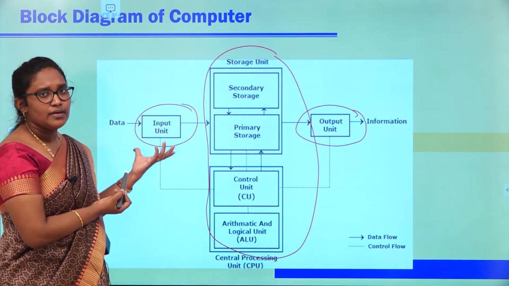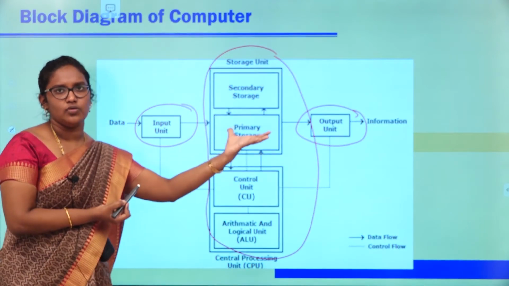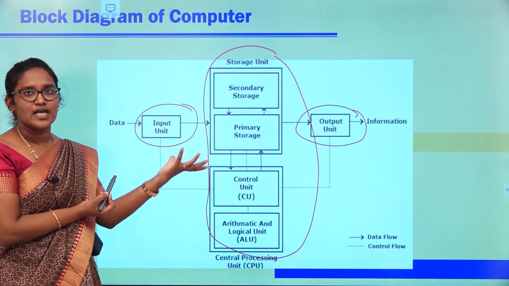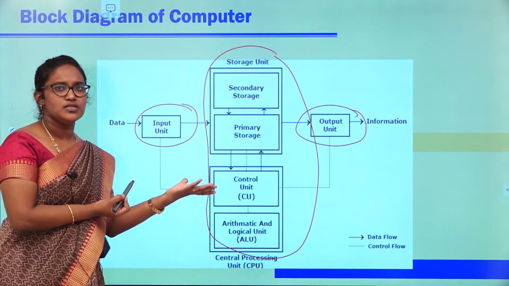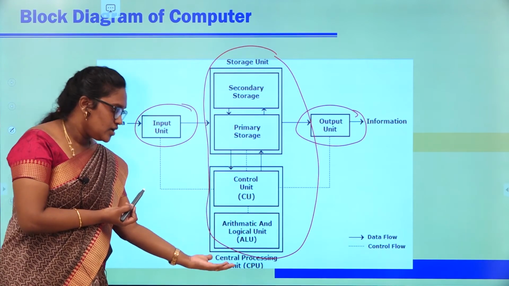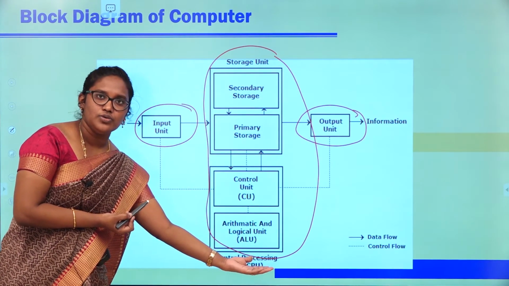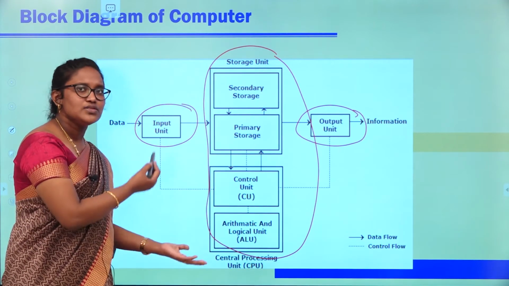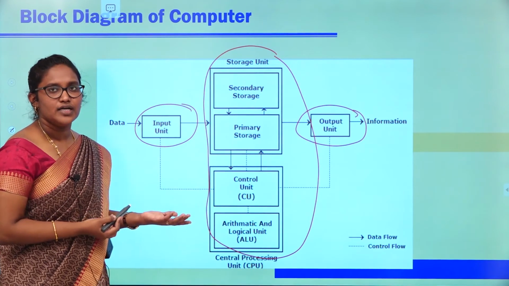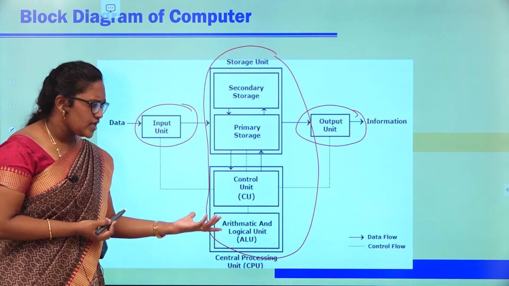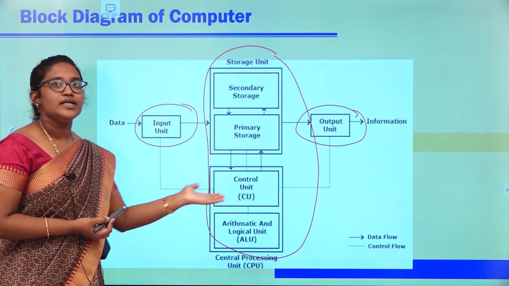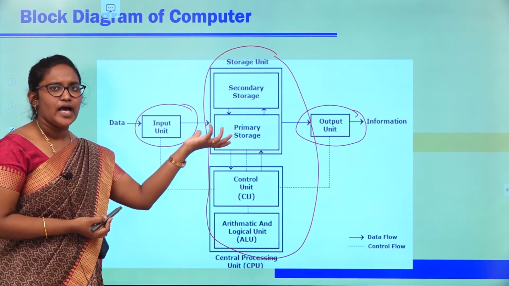We all heard about input, process and output. What exactly process means, what this processing work is, will be defined in the central processing unit. So the central processing unit is also called the brain of a computer. Why are we saying it is the brain of a computer? If you try to understand this concept, you will analyze why.